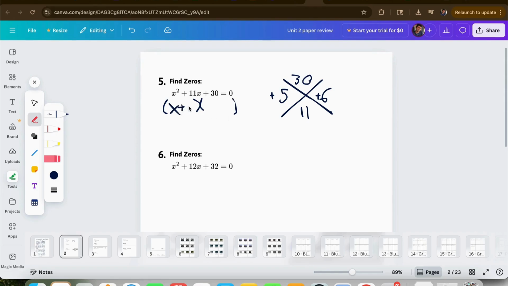X plus 5 and x plus 6. The difference here is, now instead of just being done, we have these equal to 0. And we can just set each of these individual factors equal to 0 to get the actual, quote-unquote, zeros.